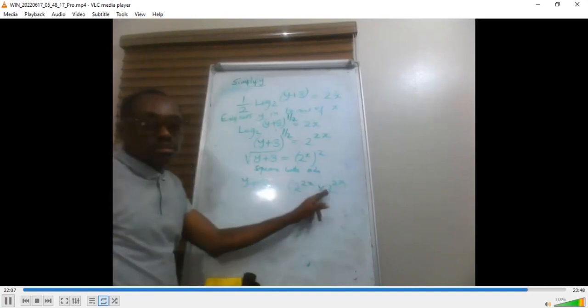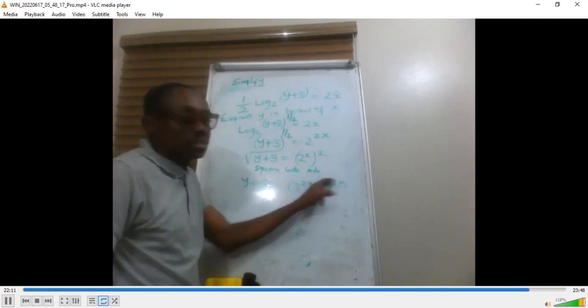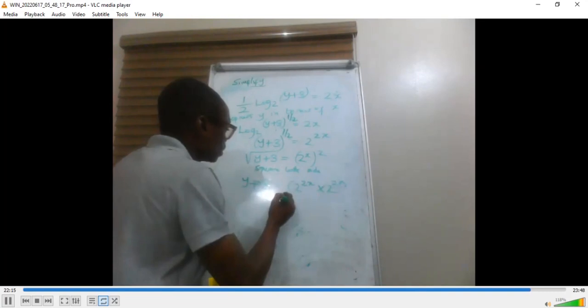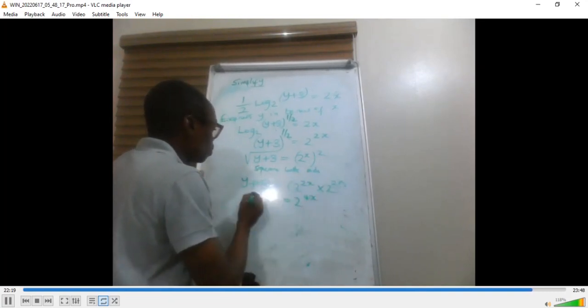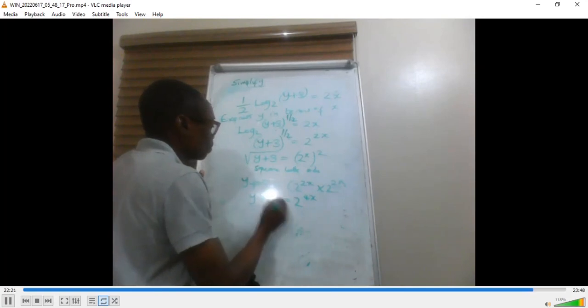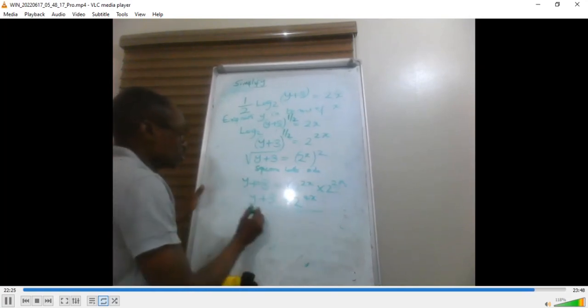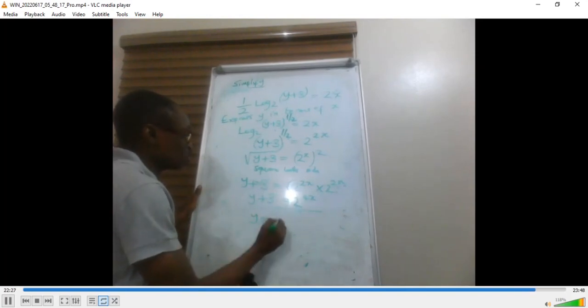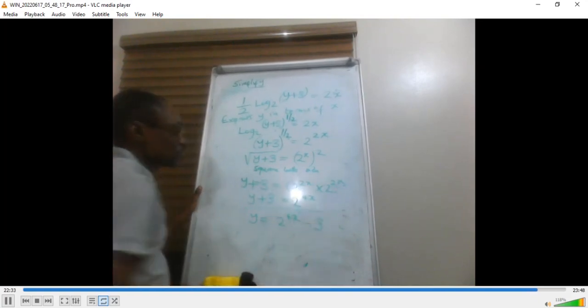So based on the law of indices, you have a common base 2, so you're going to add 2x plus 2x. That will give you 4x. So this is 2 raised to power 4x equals y plus 3. Okay, so y is equal to 2 raised to power 4x minus 3.